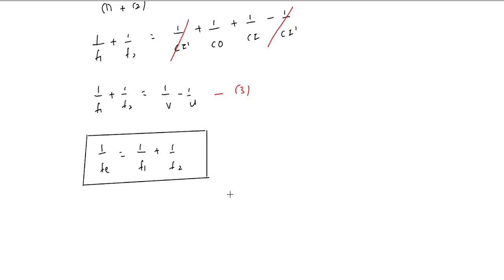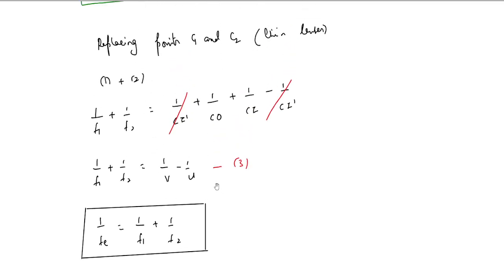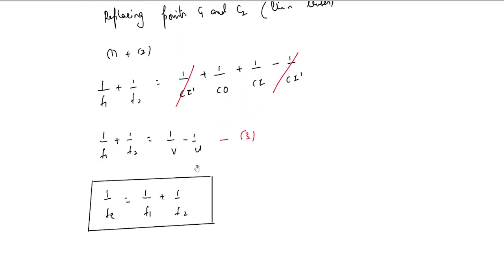As I told you earlier, the focal lengths don't add up directly, rather they go inversely, by reciprocal. That is, the reciprocal of the equivalent focal length is equal to the sum of reciprocals of individual focal lengths. Keep in mind that even though this equation was derived for two convex lenses, this formula holds for any two lens combinations.